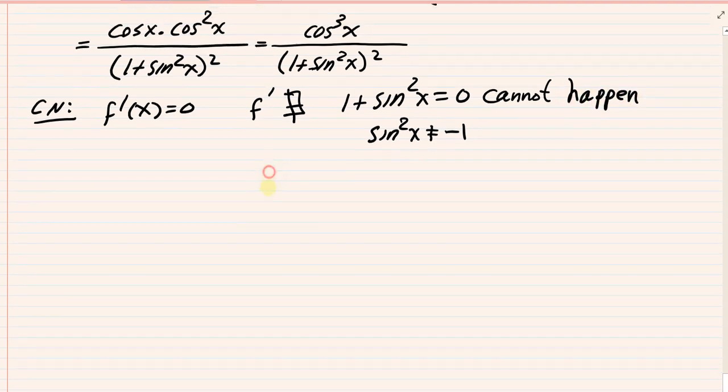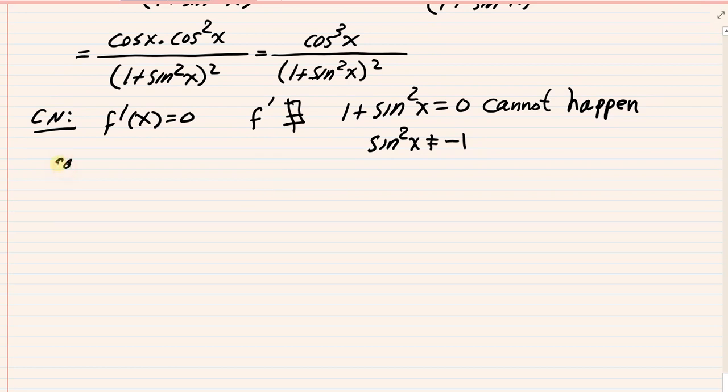So we're just going to focus on the numerator being 0, so we're going to let cosine cubed x be 0, which means cosine x must be 0. The zeros of cosine x in general are pi over 2 plus n pi, right, where n is an integer.